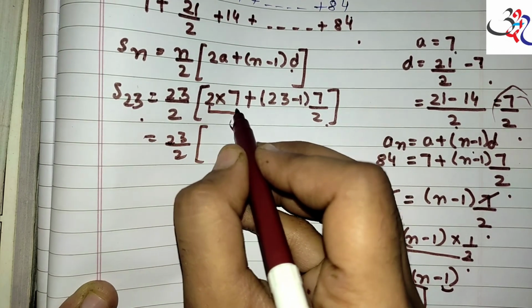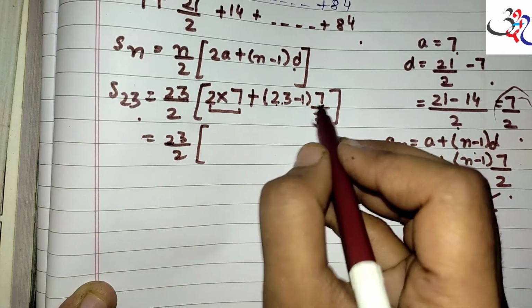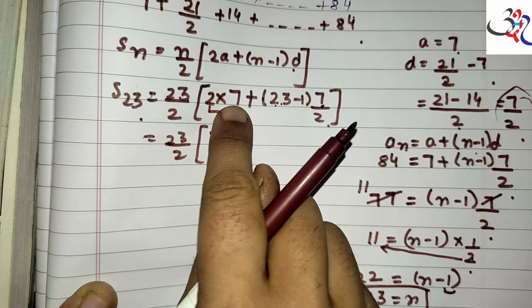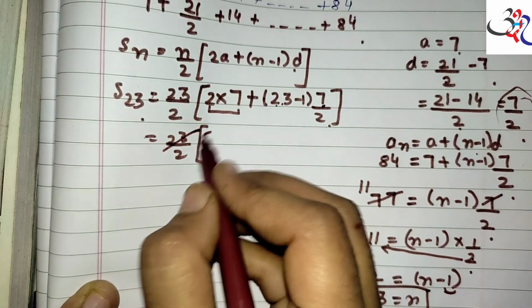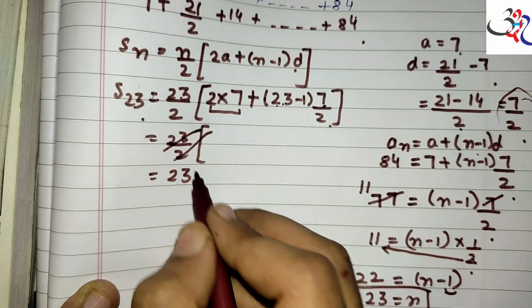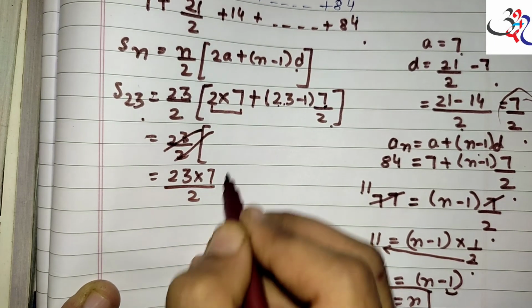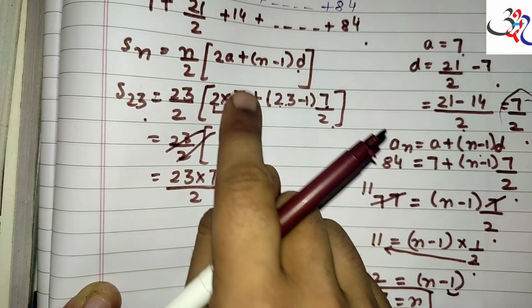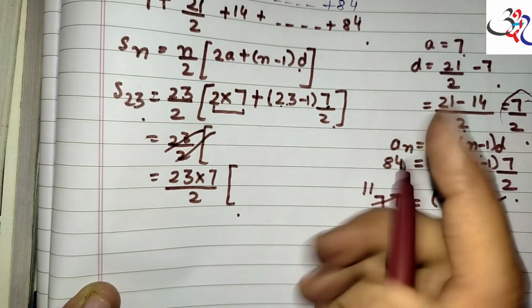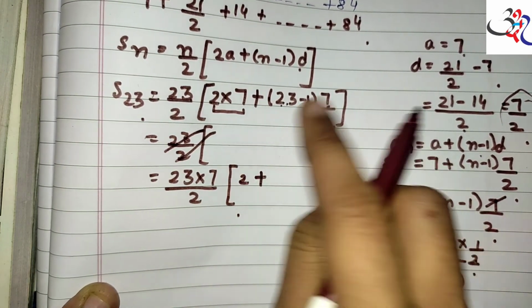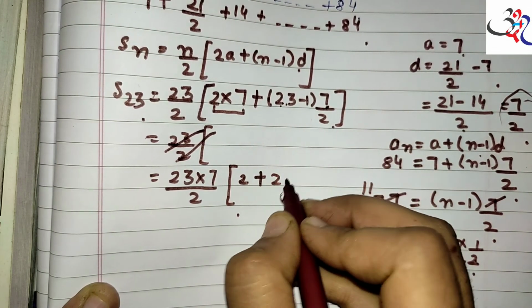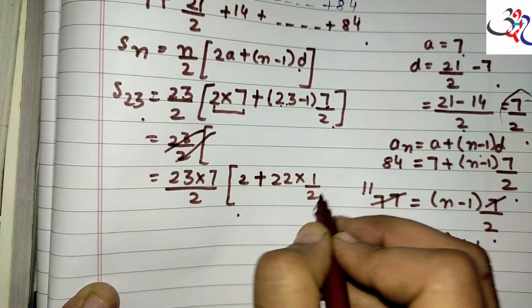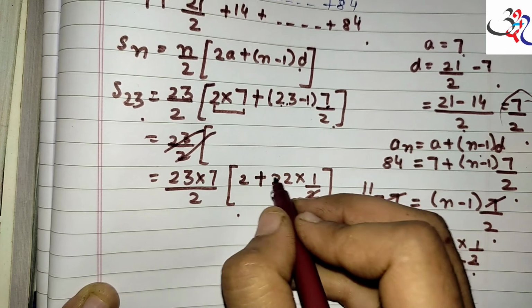So 23. We can take out 7 common from both the sides, because this is also 7 and this is also 7. So I am taking 7 outside as common from the bracket, so that my calculations become simpler. So if I have taken 7 outside, then what will be inside? Inside it will be 2 plus 23 minus 1, which is 22, into 1 by 2. Let's cancel it out.